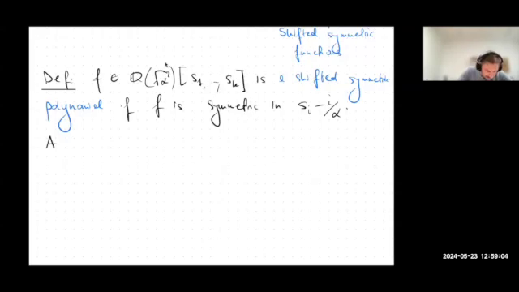And then we can define a shifted symmetric function. We do precisely the same thing that we do with symmetric functions. So essentially, this is just a projective limit.